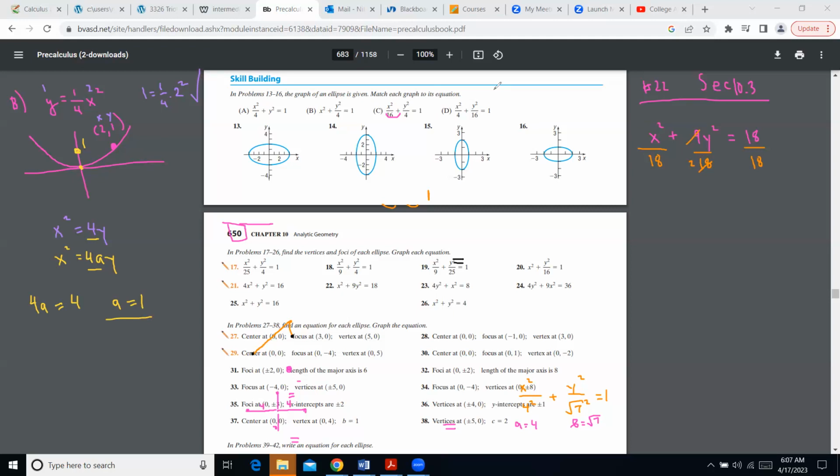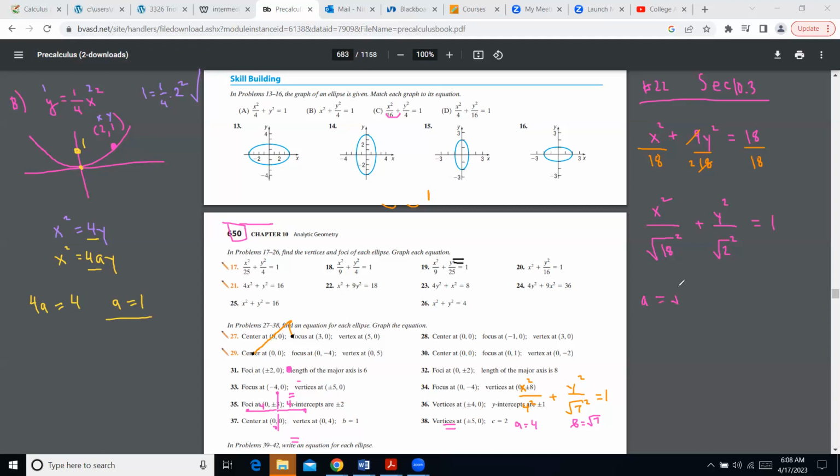So this way I can see what's going to be in the denominator under x squared, and I can turn this into square root 18 to the second power, because square root and square do not change anything. So in the denominator under y squared, I put square root 2 also squared, and this is equal to 1.